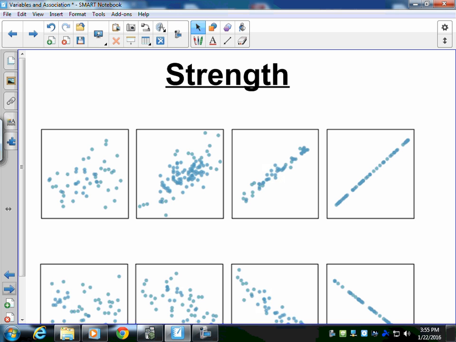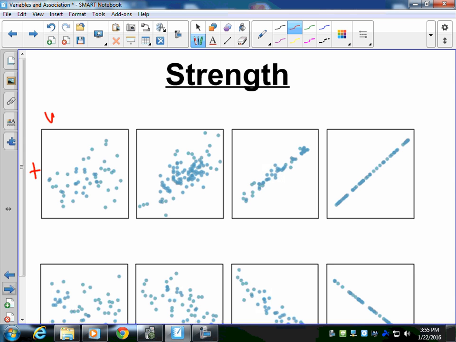Now the next thing we want to look at is strength, because even though we have association, it's a positive association, it's a negative association between two variables, we also want to look at the data and talk about strength. So we can see this top are all positive associations, but they're very different.